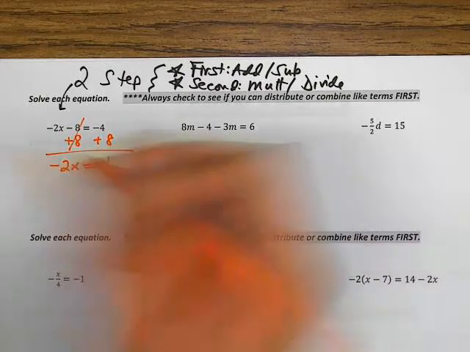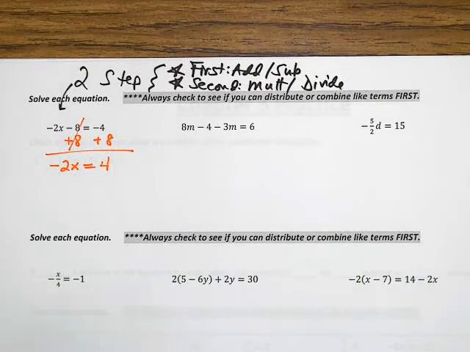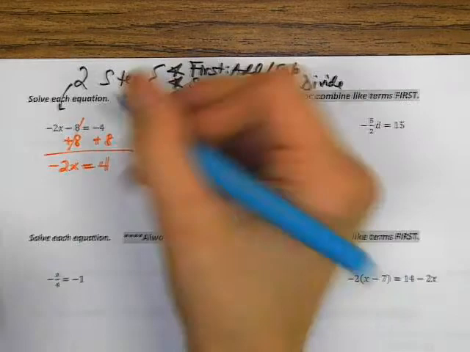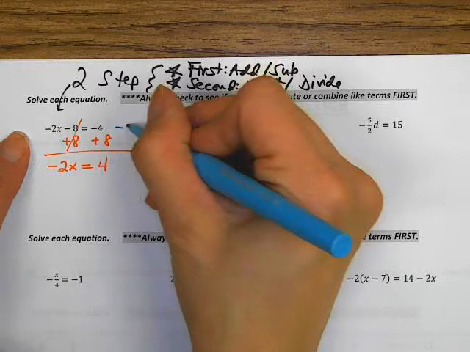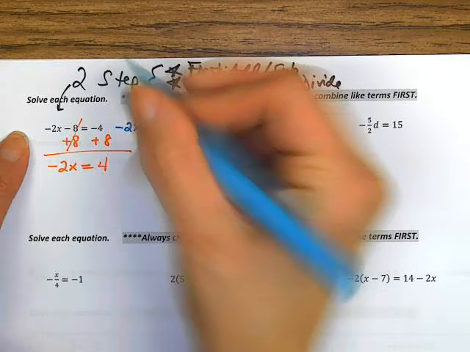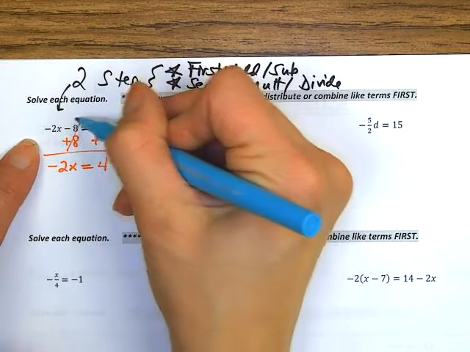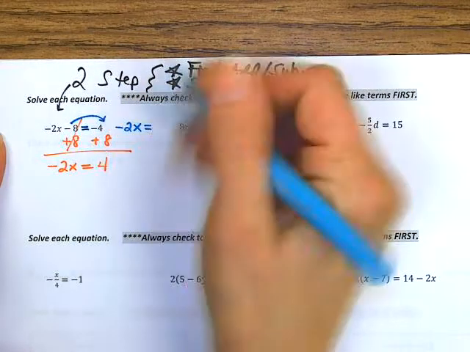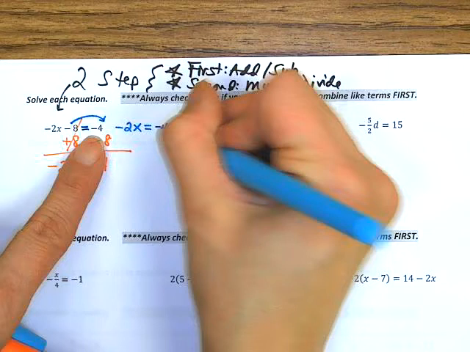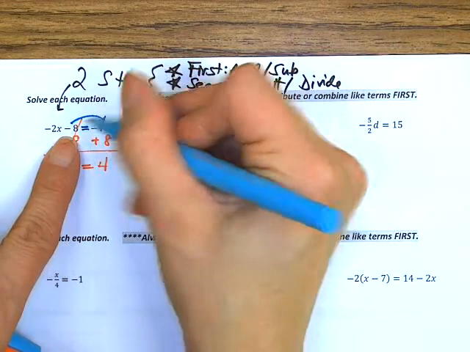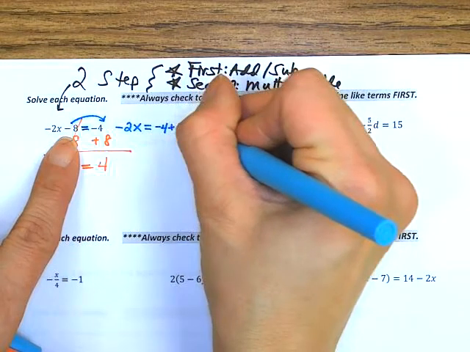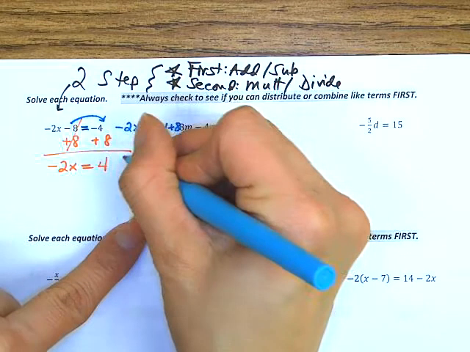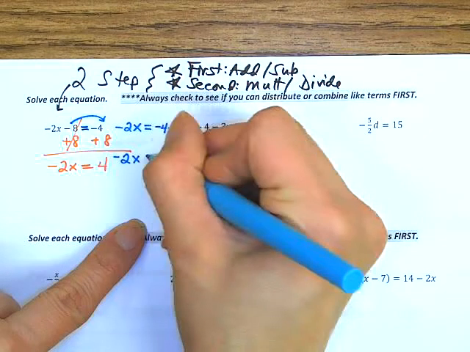Some people say, well, can't we do it that new way? Remember how we started switching sides and switching signs? Absolutely. Okay, so here's my equal sign. Let's take the negative 8 and move it to the other side. So we have negative 4, and who's going to join him? Not a negative 8, but a positive 8. And then what we get is negative 2x equals 4.